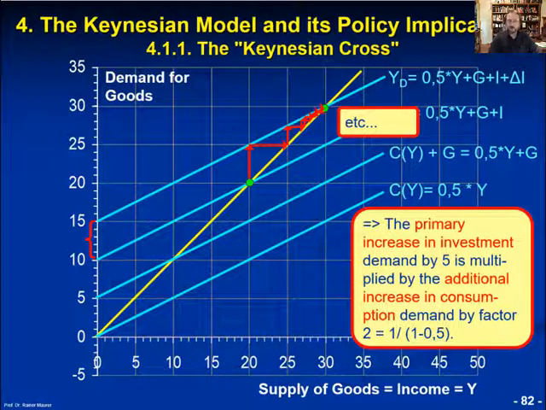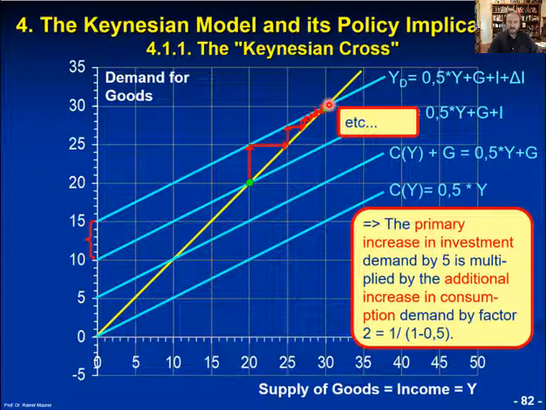Since the consumption ratio is smaller than 100%, the increase of consumption caused by an increase in income gets smaller and smaller. It finally converges to zero, as is mathematically proved in the following digression. So we finally end up in the new equilibrium point here, marked by the intersection point between the new demand curve and the 45-degree line.